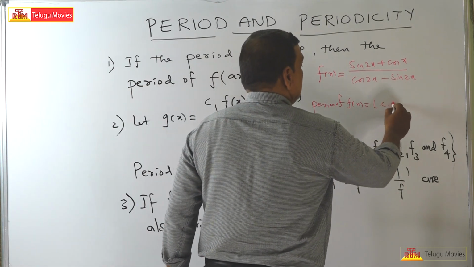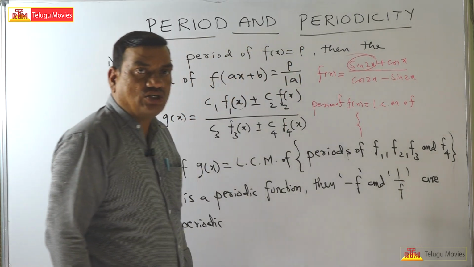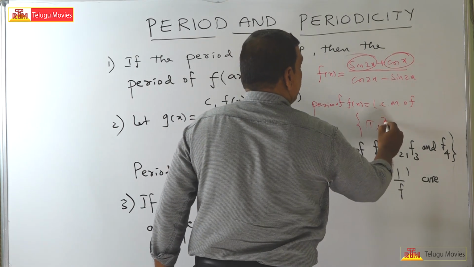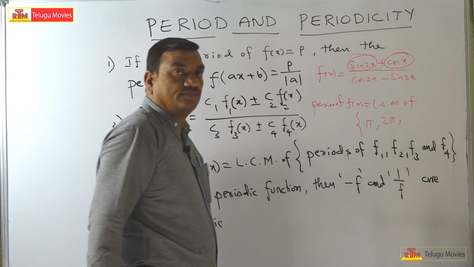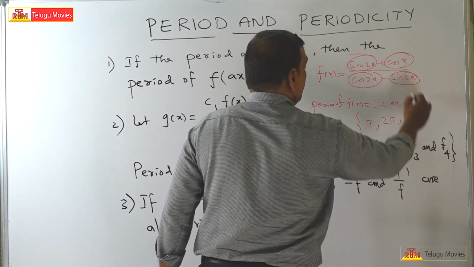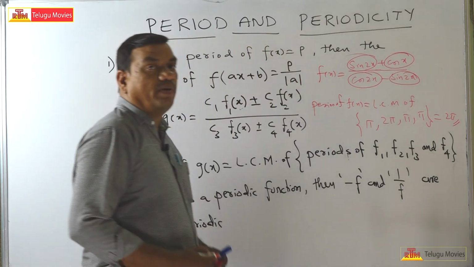What is the sin 2x period? Just now we have seen pi. What is the cos x period? 2 pi. What is the cos 2x period? Pi. So, you have to take the LCM, that is equal to 2 pi. 2 pi is your answer.